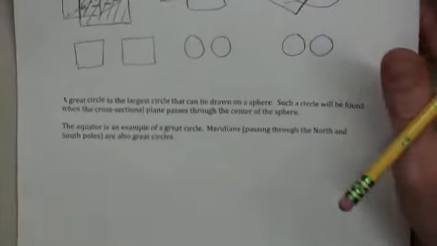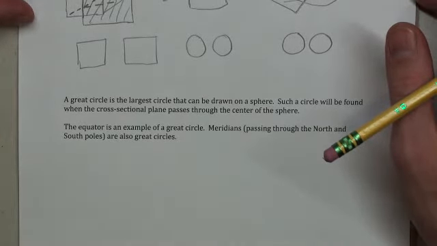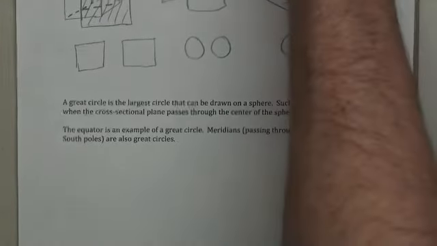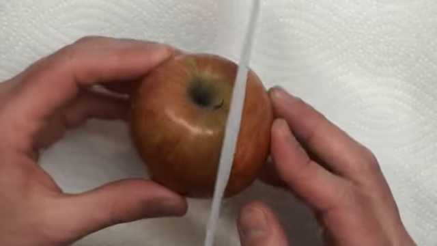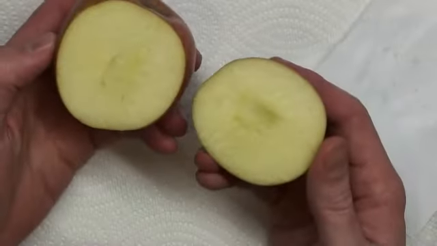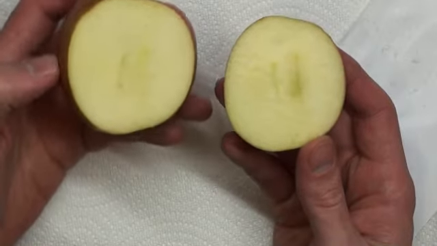So, a great circle is the largest circle that can be drawn on a sphere. Such a circle will be found when the cross-sectional plane passes through the center of the sphere. Okay? So notice when I drew this, my plane did not go through the center of my apple, right? So I got two circles that are the same size, but they're not the biggest circles that I could have gotten.